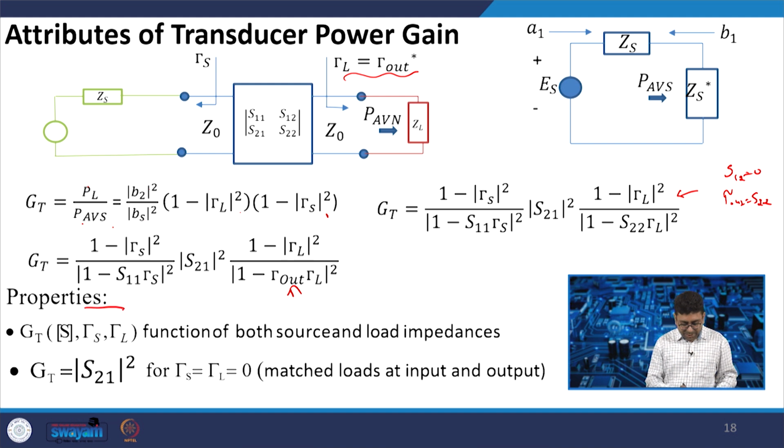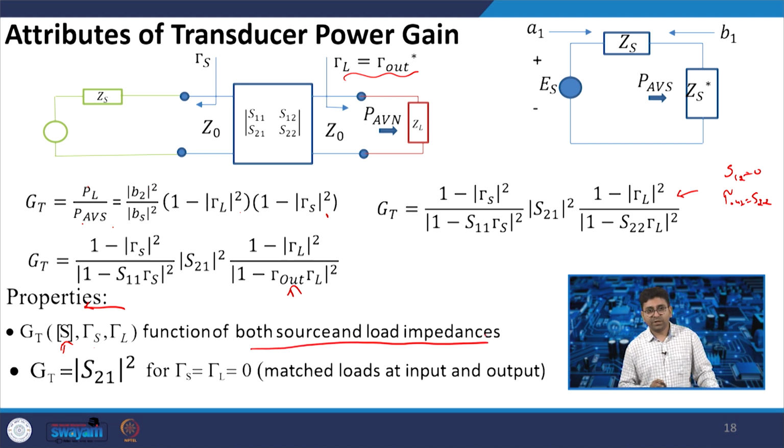So, what is the property? Your GT is a function of the S parameters of your transistor network. It is a function of gamma S, the source reflection coefficient, gamma L, the load reflection coefficient, and both source and load impedances. So, it is a function of all the parameters available in the transistor network.